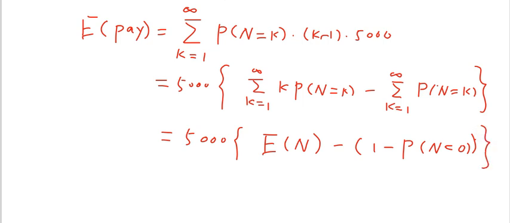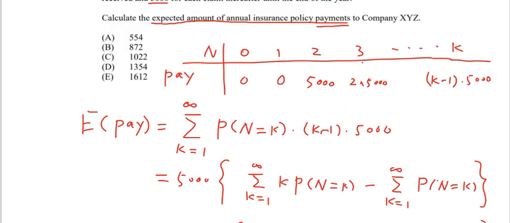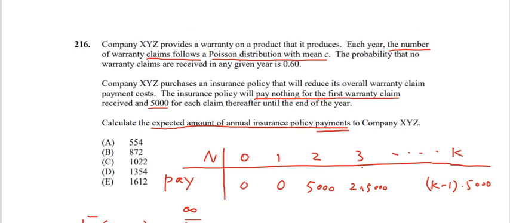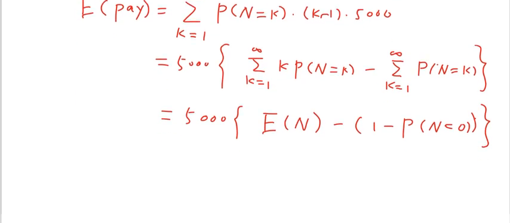So what is the distribution for N? We say N follows a Poisson distribution with mean C. So we know the expectation is C, and this equals 1 minus P(N equals 0), and P(N equals 0) is e to the negative C, right?